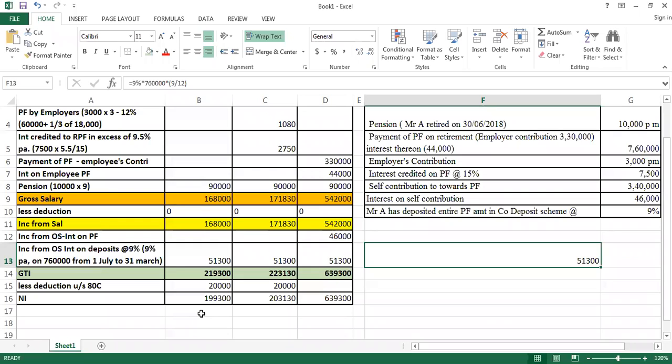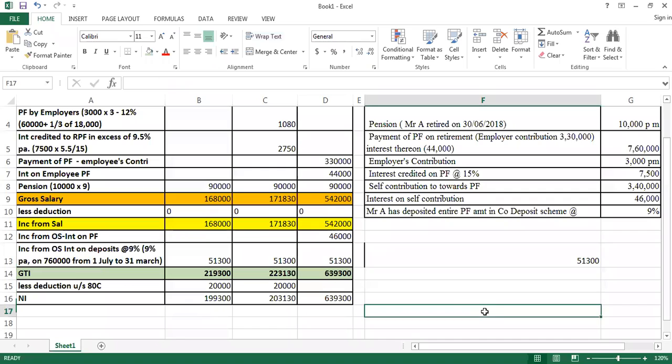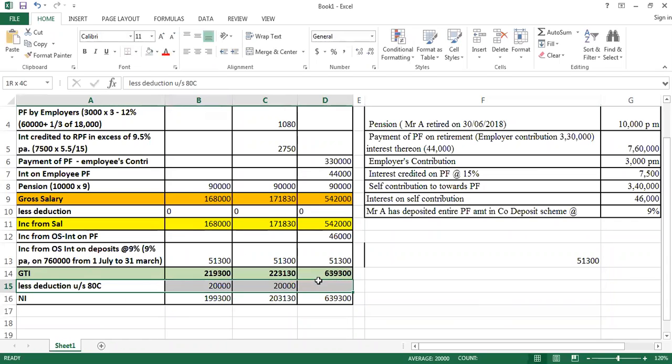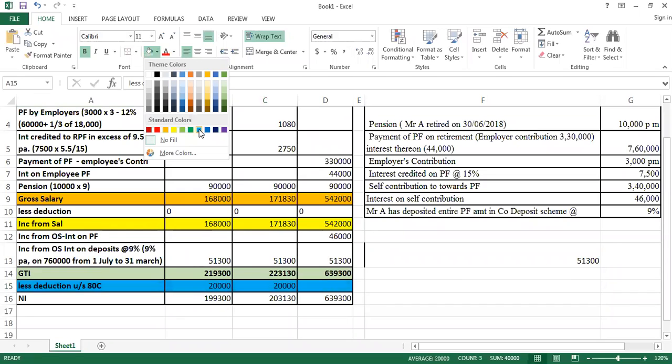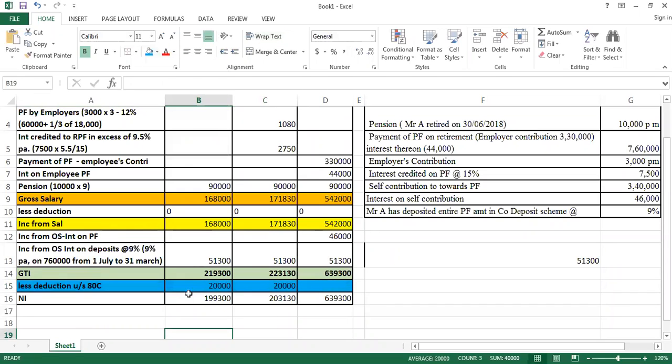Just look at this. Not 51,300, this value. This particular value that I will highlight in blue color. Please tell me from where did I get this 20,000 rupees?